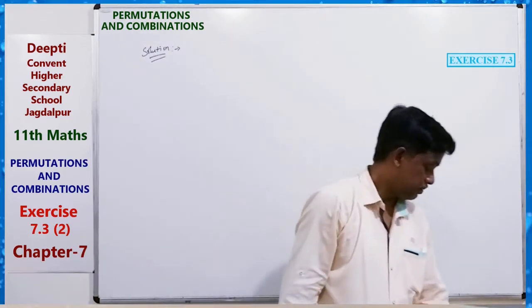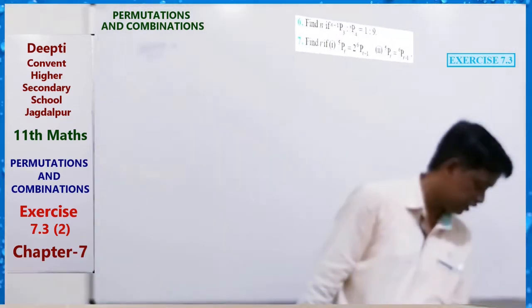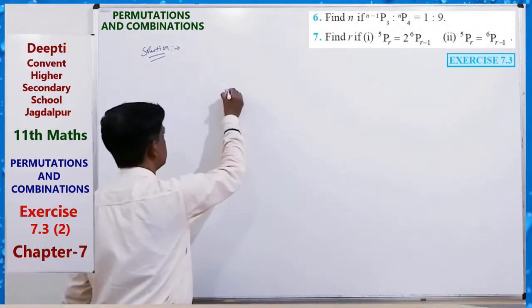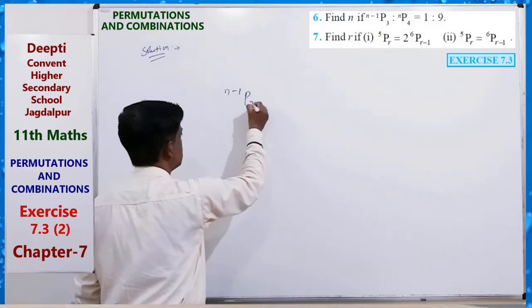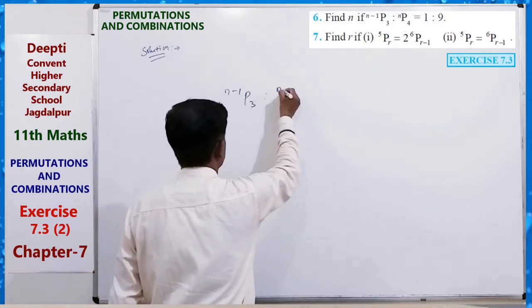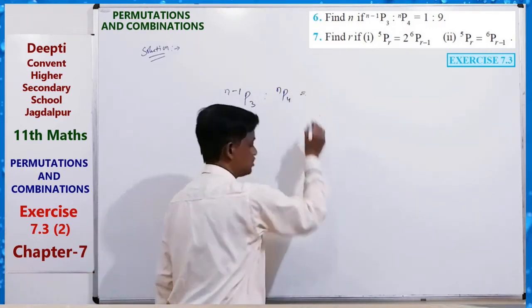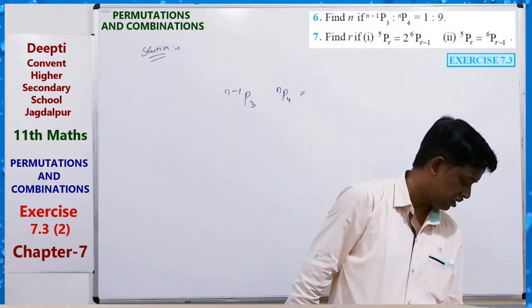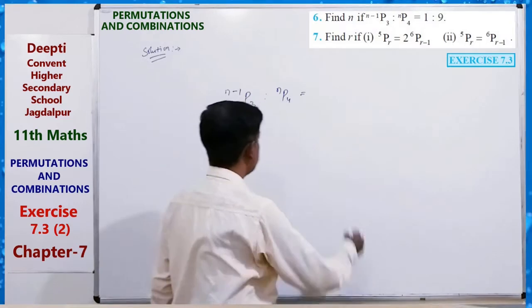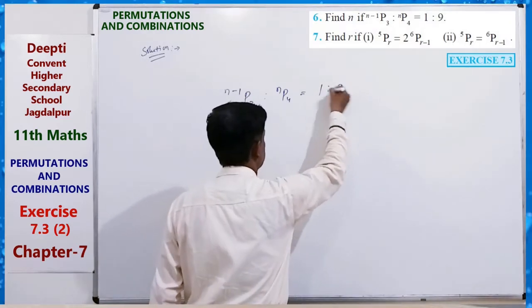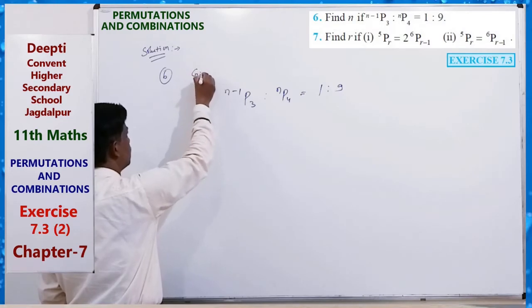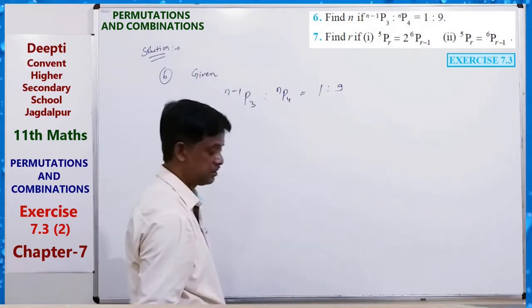Now here it is given, find n. n minus 1 p3 to n p4 is equal to 1 is to 9. Question 6. Given this.